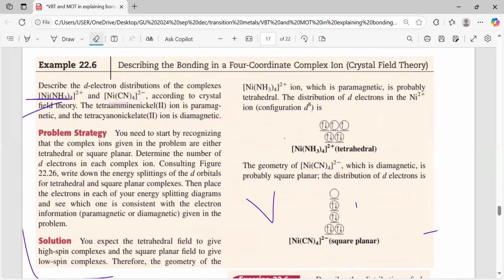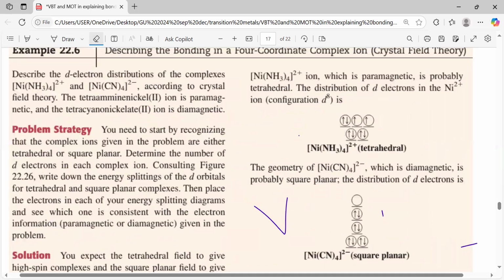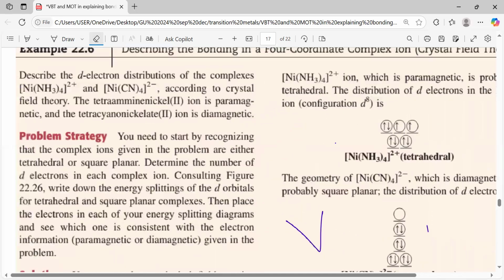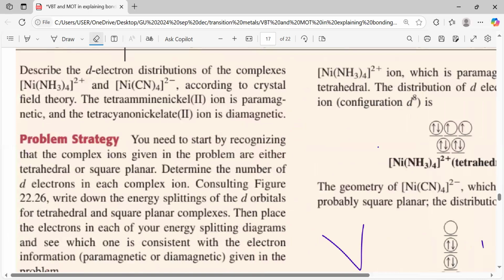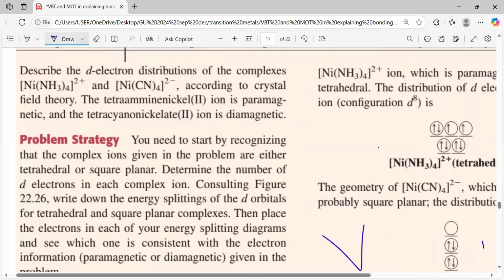So what shall we do? We shall start with the tetraamine group. First of all, I assume it is square planar. Then what is nickel?